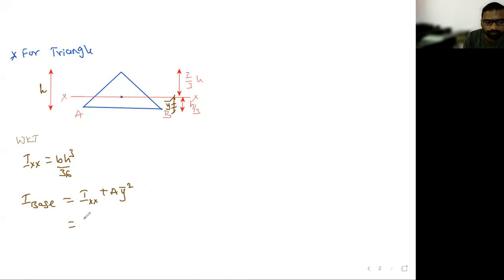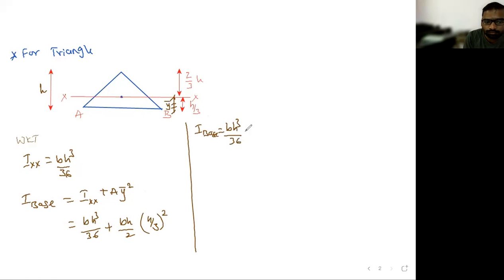I about base is equal to I(x)(x), bh cube upon 36, plus the area of the triangle, bh by 2, into the distance between the two parallel axes, the x-axis and the base, that is h by 3, whole squared. Then I about base is equal to bh cube upon 36 plus bh cube upon 18.